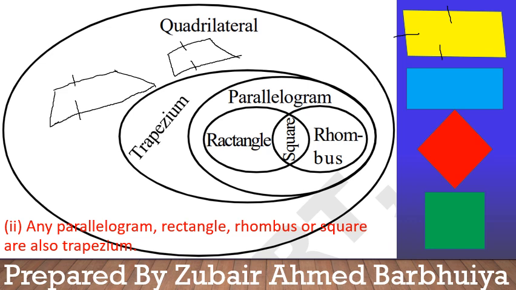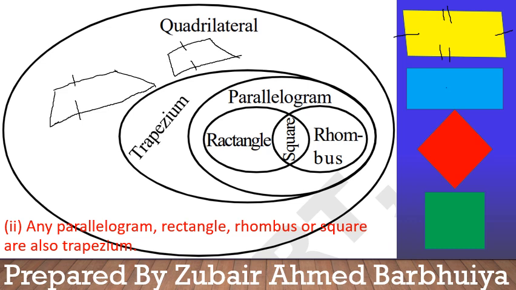Parallelogram has another pair of parallel sides, but to be a trapezium it requires only at least one pair of sides. It has two pairs of opposite sides, but one pair is enough to be a trapezium.